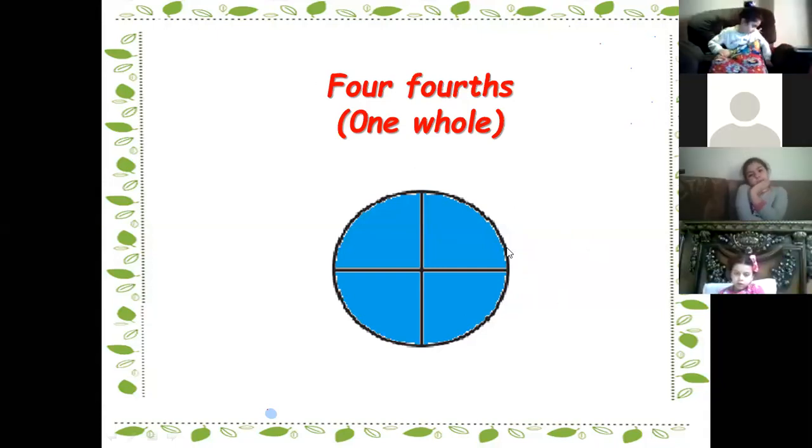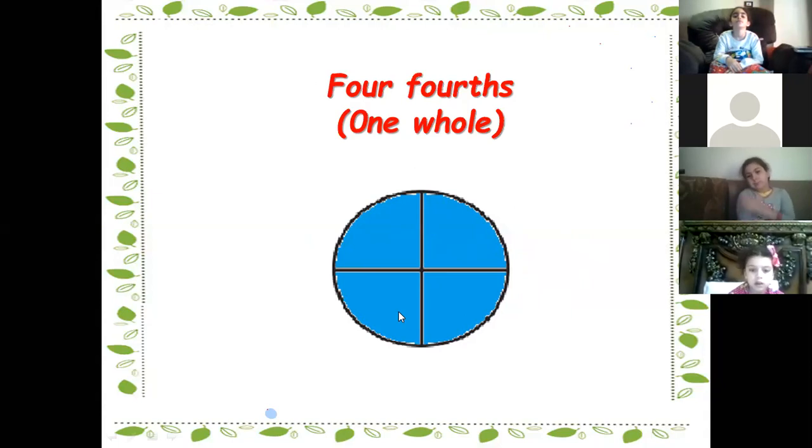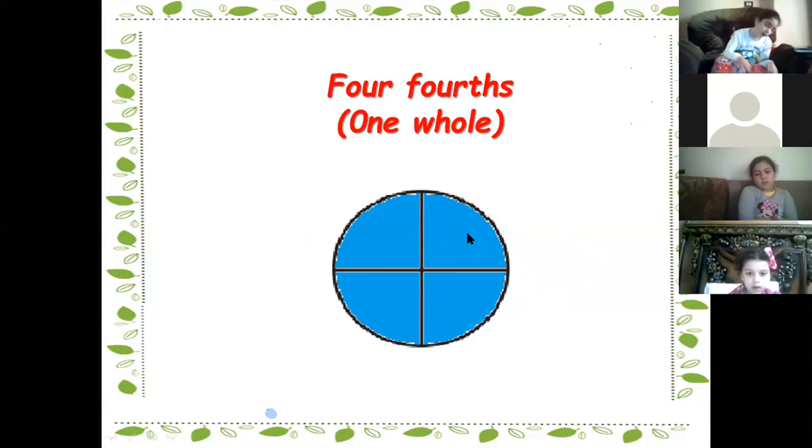Okay, right now I colored 1, 2, 3, 4 parts of my circle. We colored 4 fourths. And as you can see right now, we colored the whole circle. So if we color 4 fourths, it means we colored the whole shape.